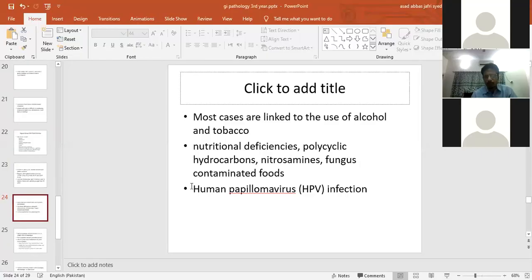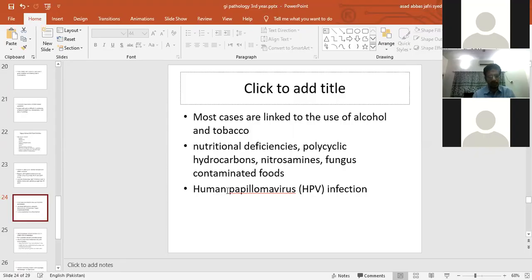As I told you, most cases are linked to the use of alcohol and tobacco. Nutritional deficiencies, polycyclic hydrocarbons, nitrosamines, fungus, and fungus-contaminated foods also predispose you to develop squamous cell carcinoma of the esophagus. Another important one, which you will see elsewhere also, is human papillomavirus infection.